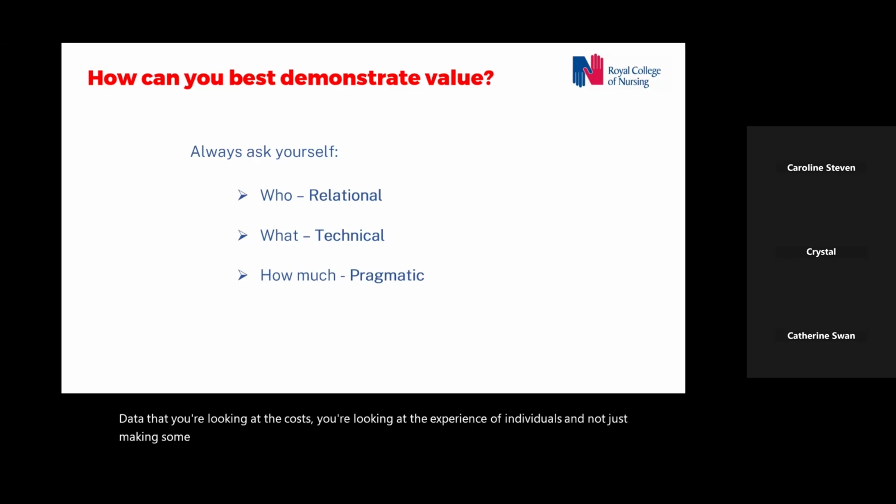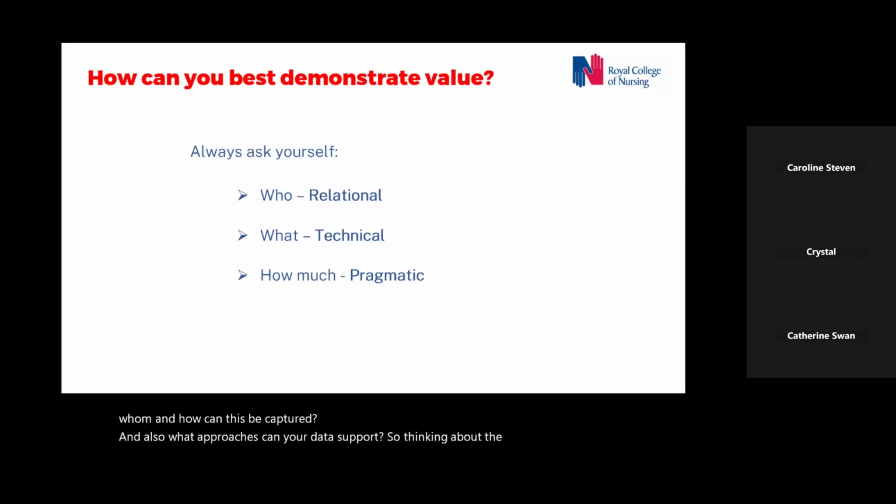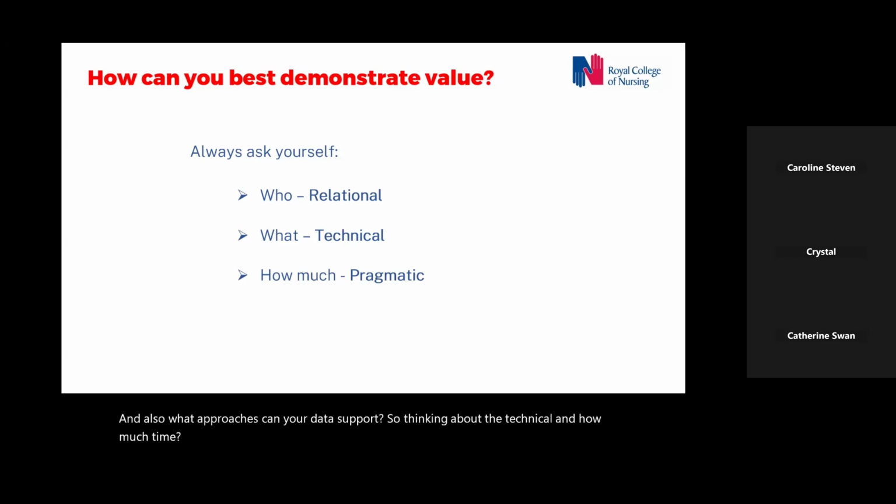And always ask yourself, who are you trying to influence or convince, and what are they looking for? So that falls into that relational element. The value to whom and how can this be captured? And also, what approaches can your data support? So thinking about the technical.